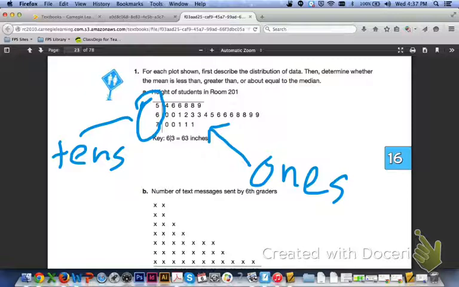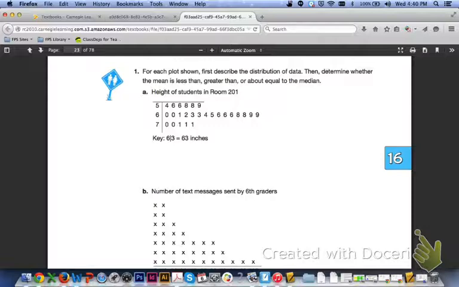Okay, the values in the 6 tens place would be 60, 60, 61, 62, 63, 63, 64, 65, 66, 66, 66, 68, 68, 69, and 69. Okay.